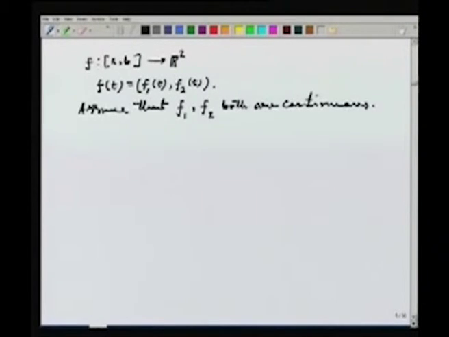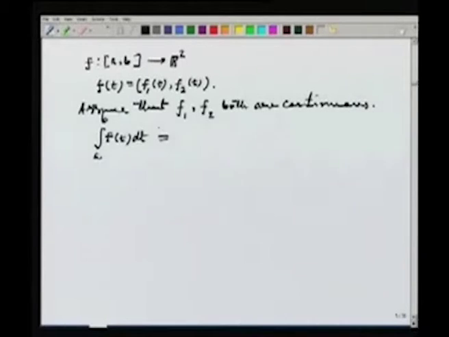Okay, and then I am going to define something called the integral from a to b of f(t) dt. This requires a definition because note that f is no longer a real valued function. It's a function whose values are in R2, so it's a vector valued function, and I'm going to talk about its integral. Now your natural intuition suggests that this integral should define vectors only.